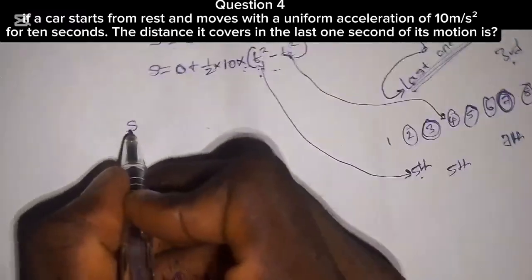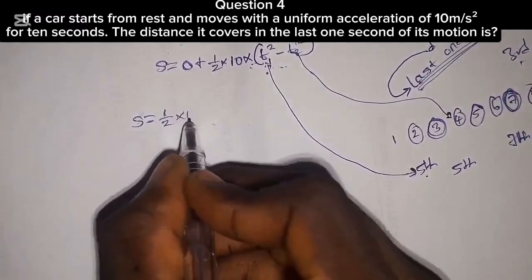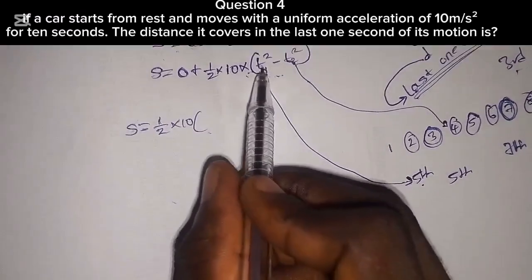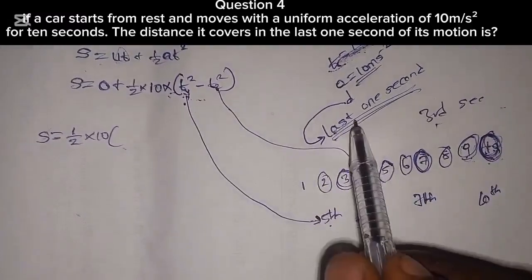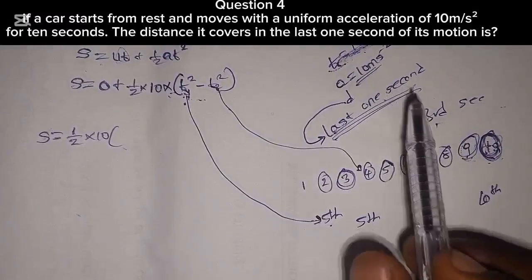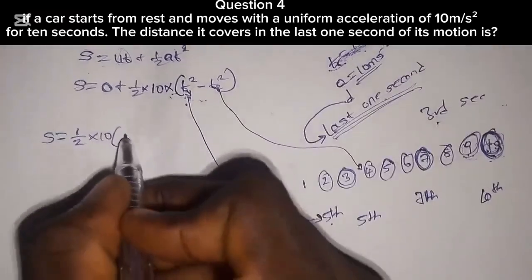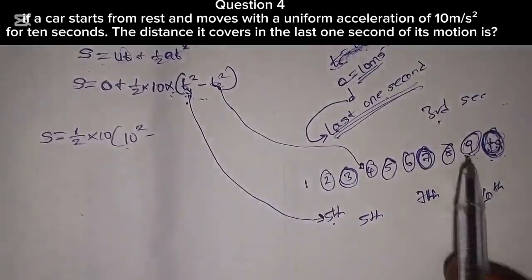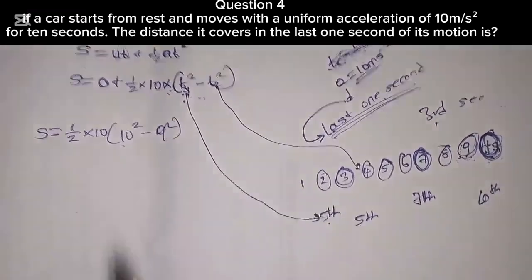So S equals half times 10, open bracket, T1 is 10, since the last 1 second is the 10th second, so 10 square minus T2, which is 9 square.